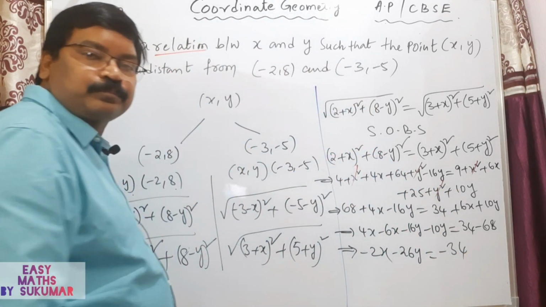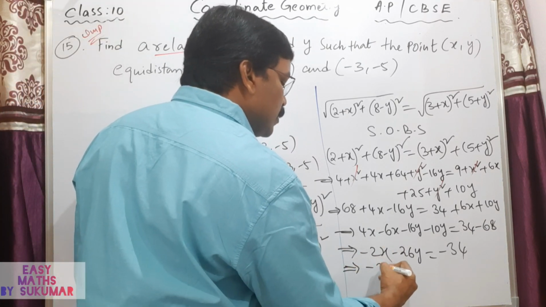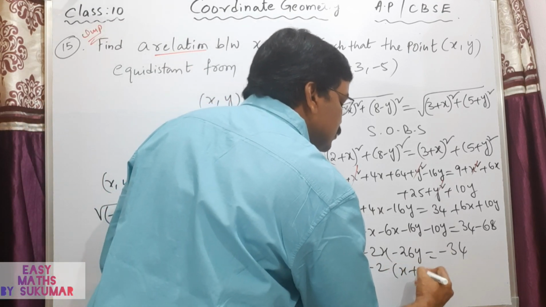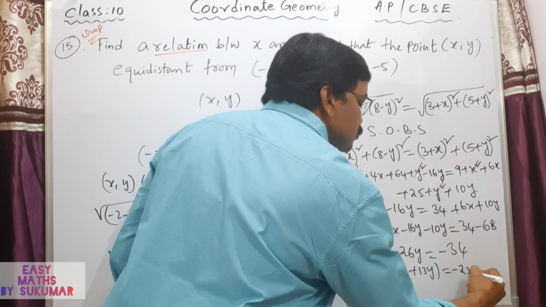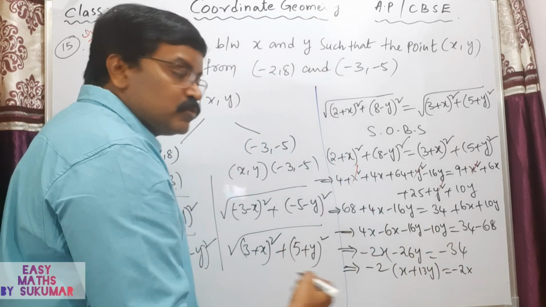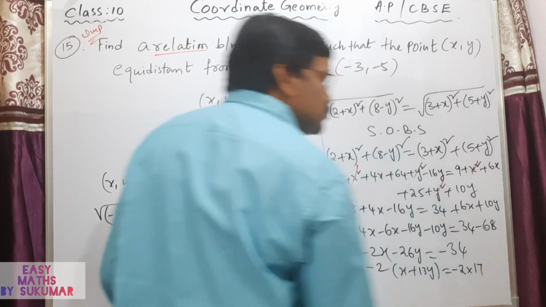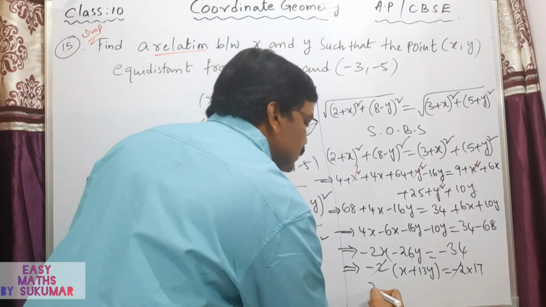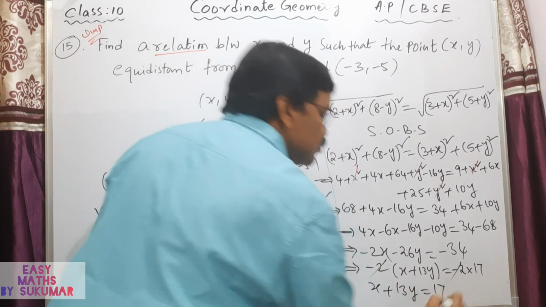Okay. Now my dear students, if you take minus 2 as common on the left hand side, then x plus 13y will be there. Here also take minus 2, this minus 34 is written as the product minus 2 times 17. So this minus 2 gets cancelled. Finally, x plus 13y is equal to 17.